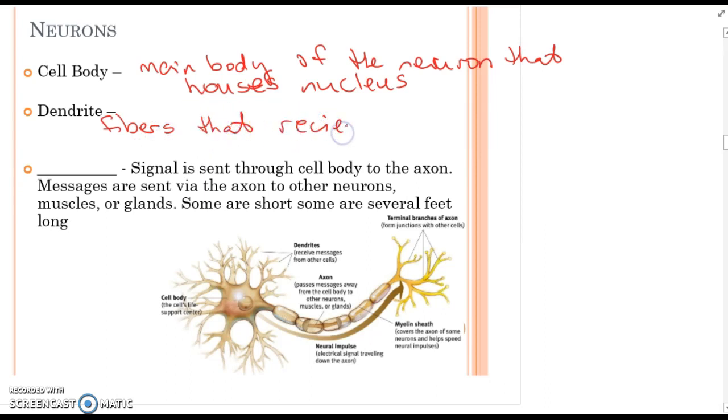So they receive the information and they send it to the cell body. And then the axon is the actual signal that's sent through the body.